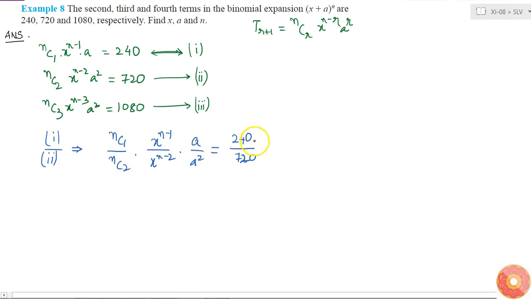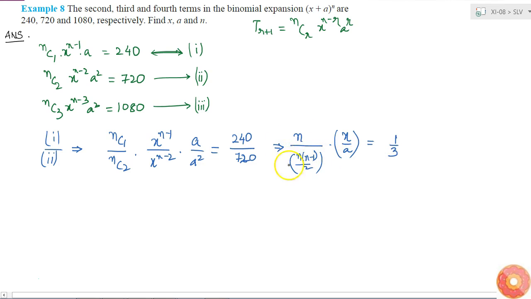What does that mean? This means that nC1 is simply n and nC2 is n into (n-1) by 2, correct, into x by a is equal to 240 by 720. What is 240 by 720? That I can write as 24 by 72, or even it is 1 by 3, correct?